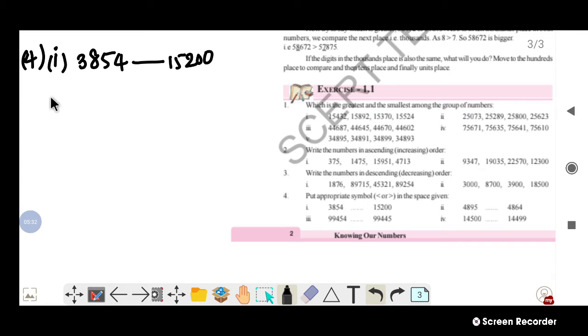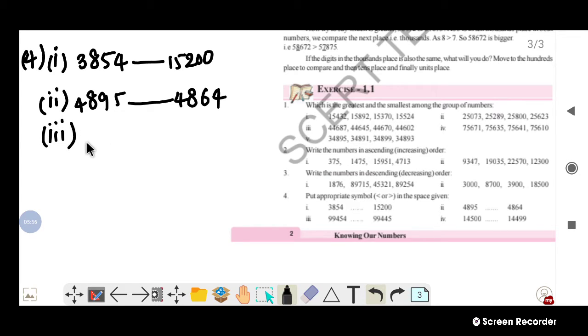Second question is 4895, less than or greater than 4864. Third question 99454, dash, 99445.